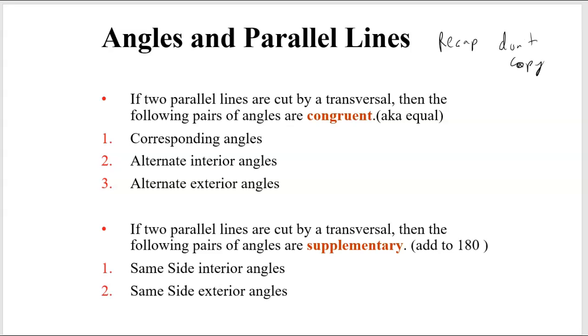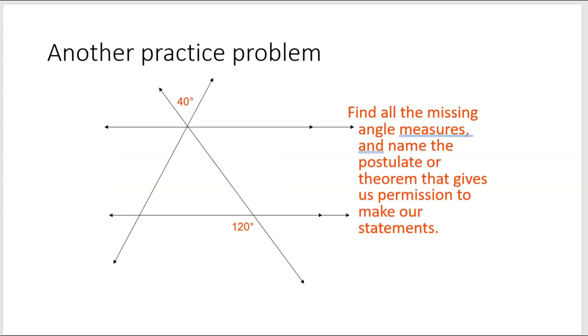All right, so now using all of our information, I want you to try one practice problem. And I want you to pause the video. I want you to try to come up with all of these angles first and then see how well you do. Okay, so here is our practice problem. Finding all the measurements. You don't have to worry about naming the theorem as long as in your head you know. The word postulate is just another fancy name for theorem.